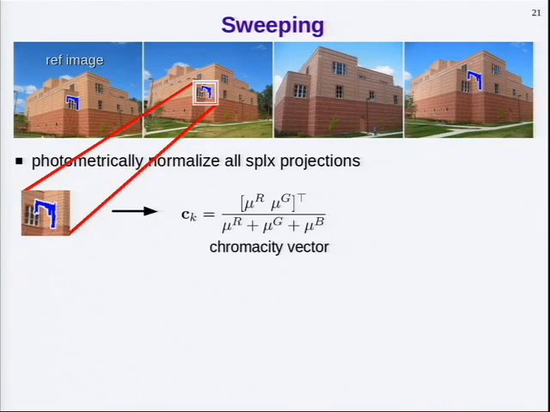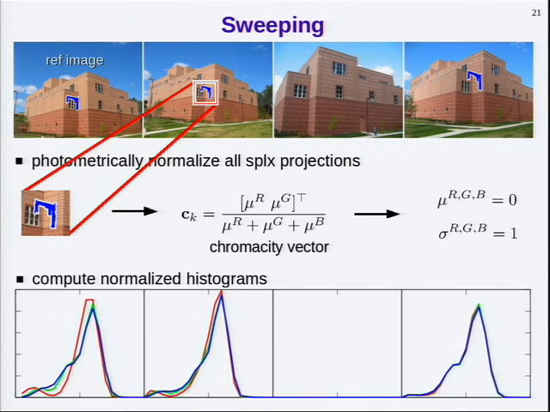But before normalization, we remember the chromacity error, which is computed over all 3 color channels. After that, we transform all the pixels inside the particular superpixel projection in such a way that the mean in all color channels in RGB is 0 and the variance is 1.